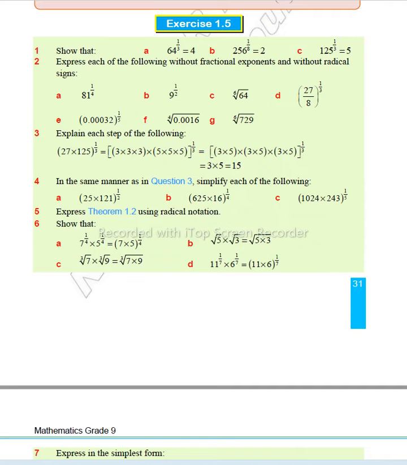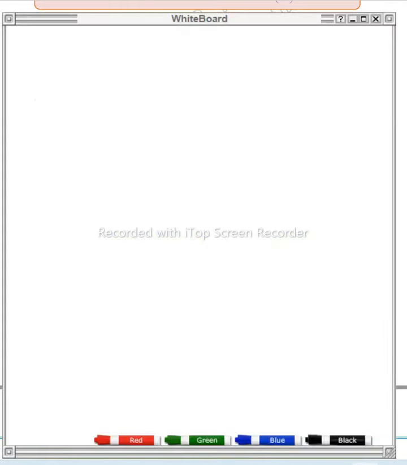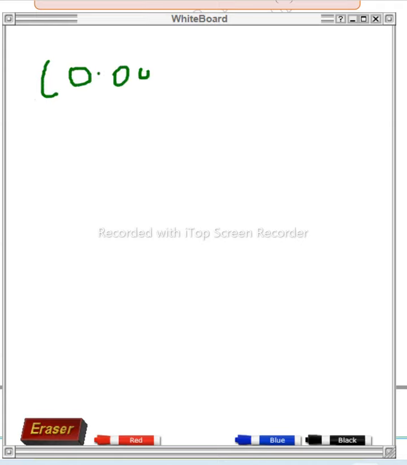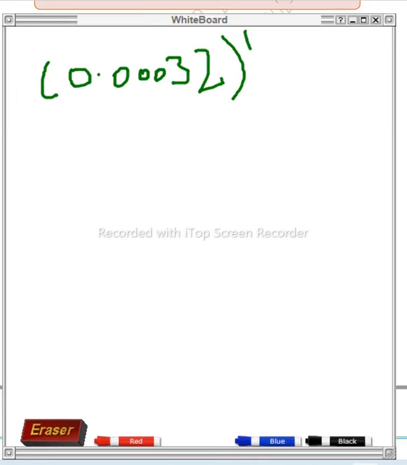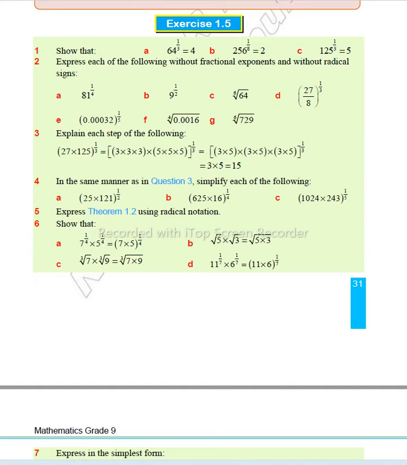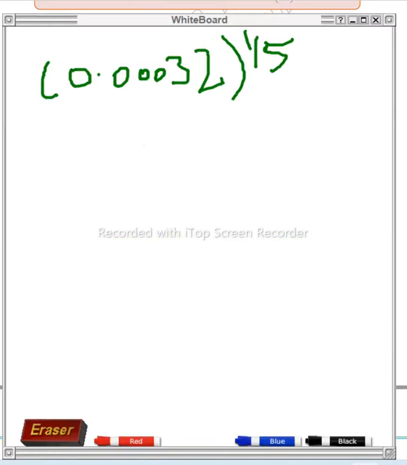Now E, which is 0.00032 to the power of 1 over 5. Let us write this question again in the form of a fraction, 32 over.